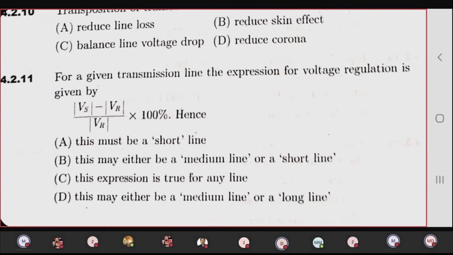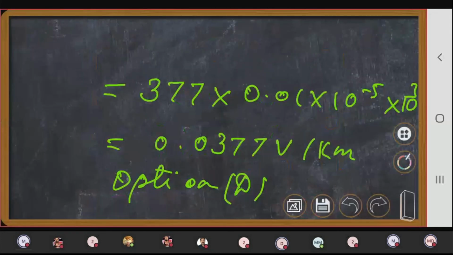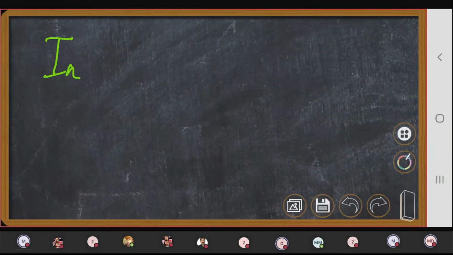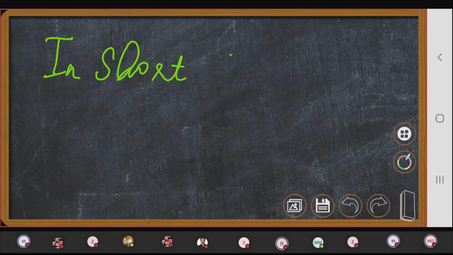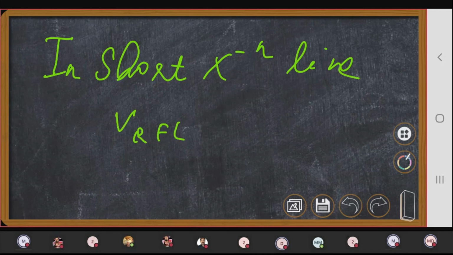So in which transmission line is applicable? So you know that. So in short transmission line, your VR full load equals VR and VR no load equals Vs. So in short transmission line only it is possible.